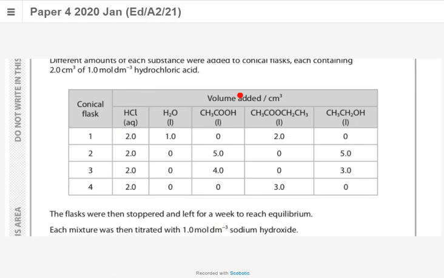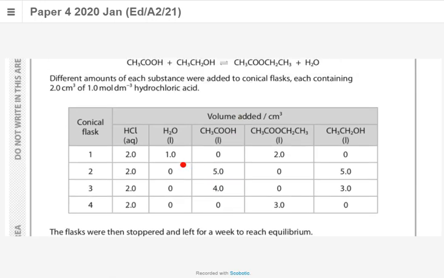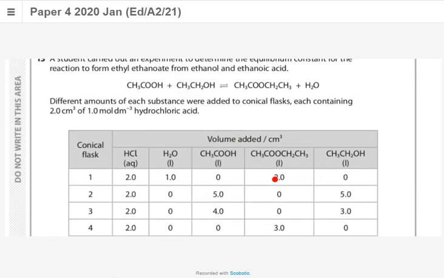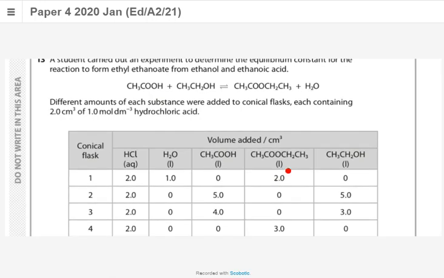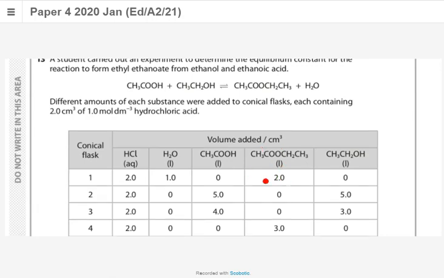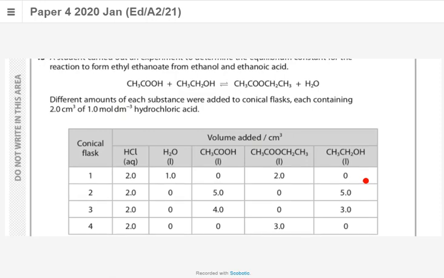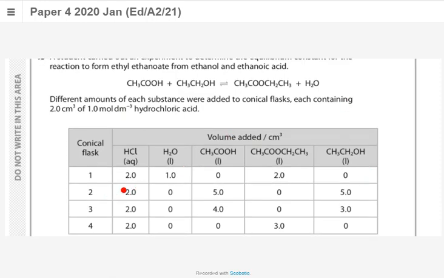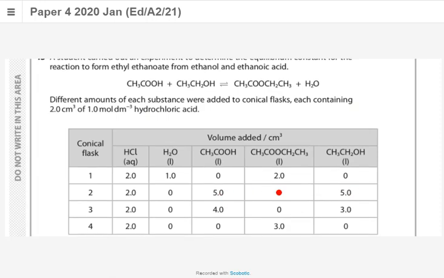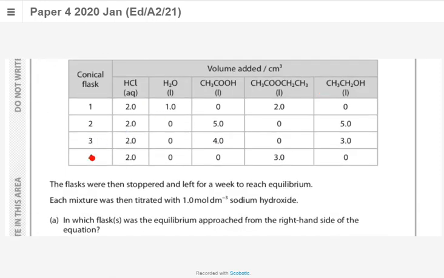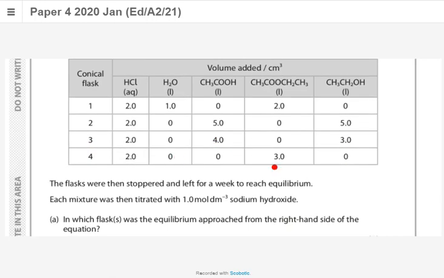The hydrochloric acid is the same. You can notice the first one, only the ester is there. Volume added is ester. That is ester hydrolysis. There are no reactants. Second, reactants are equally added, no products. Third, okay, the compositions are given.